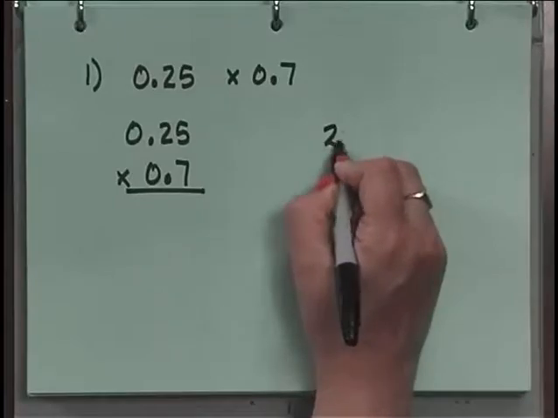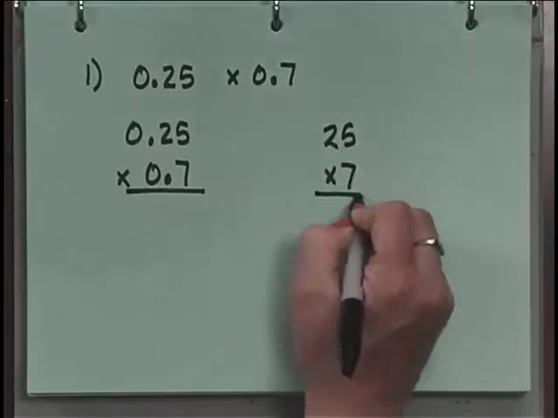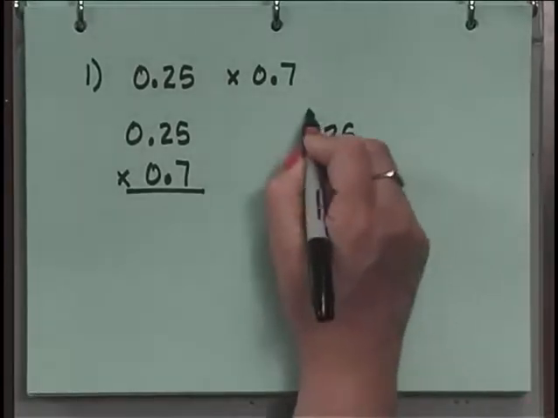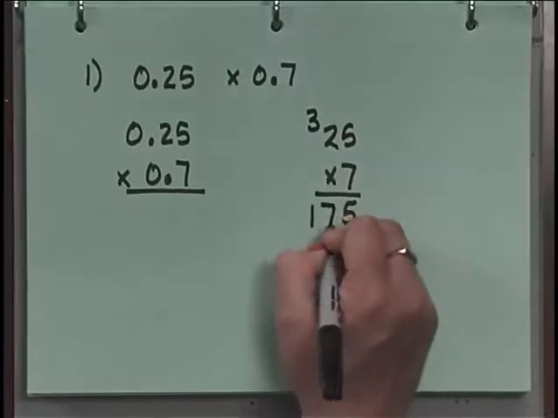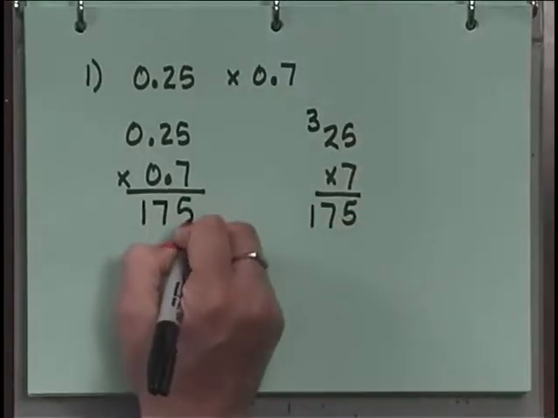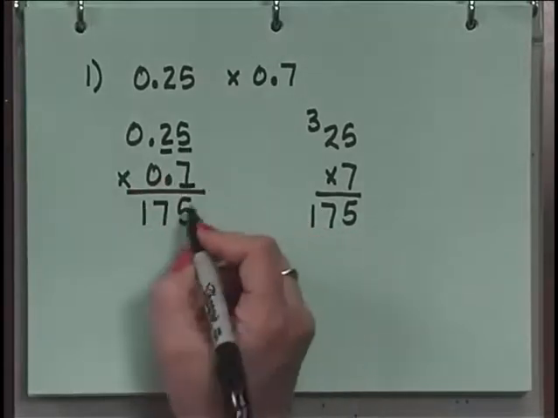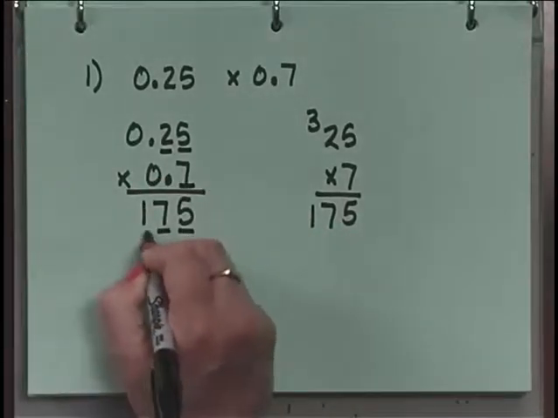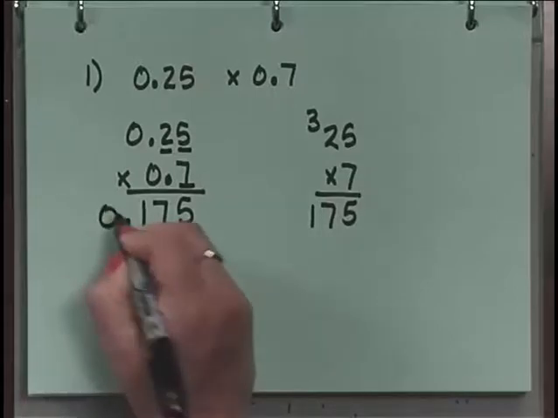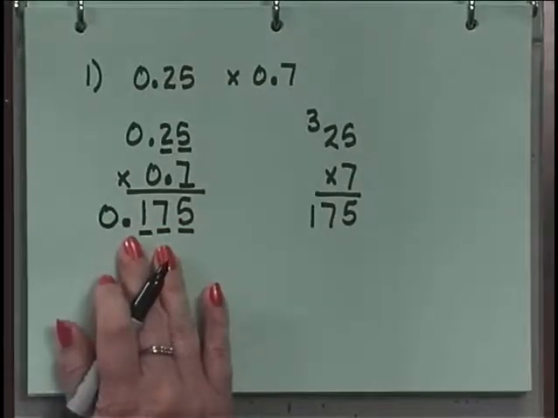What I do need to do is just multiply 25 times 7, which is going to be 175. And then count places: 1, 2, 3 places to the right of the decimal point. So my product would be 175 thousandths.